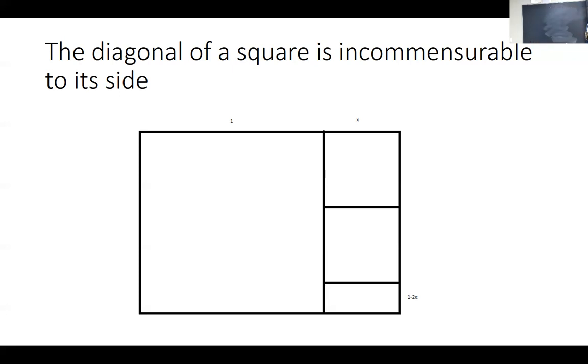And so then we do the Euclidean algorithm, right? So the first thing we do is we remove one side of the square from the diagonal, and that's the same thing as taking out this area. And so now we're left with this rectangle here.